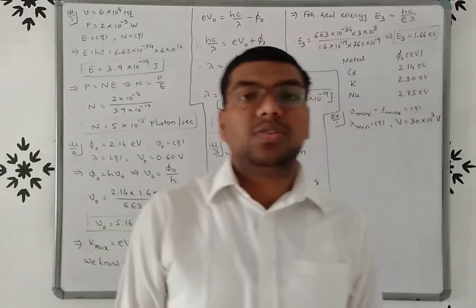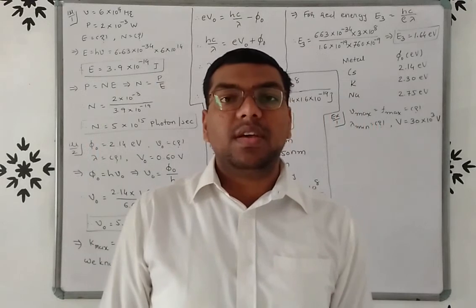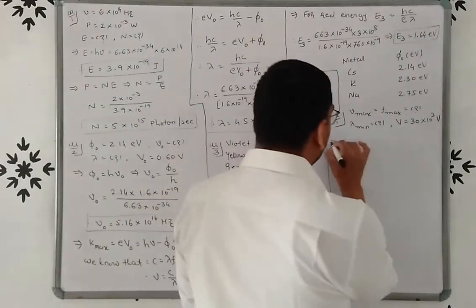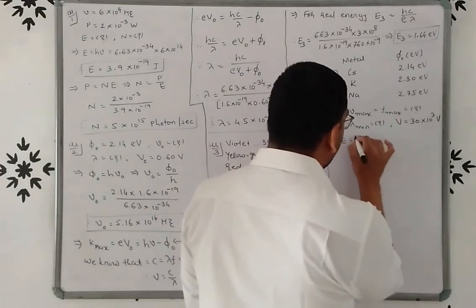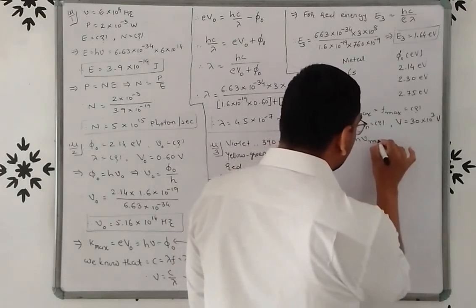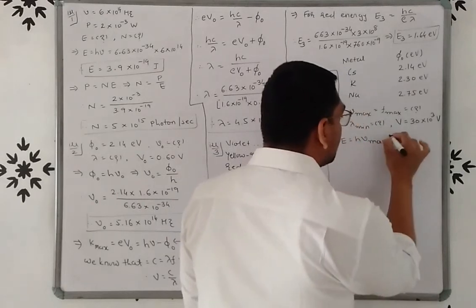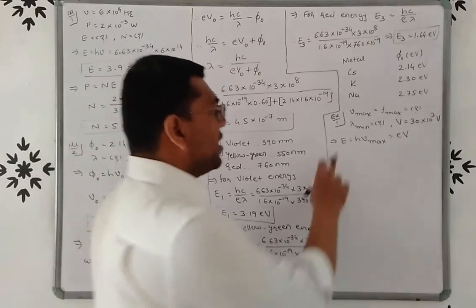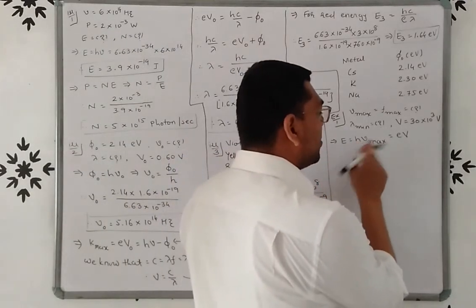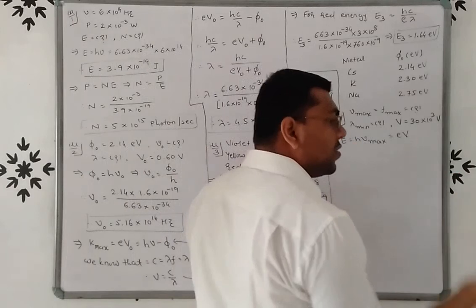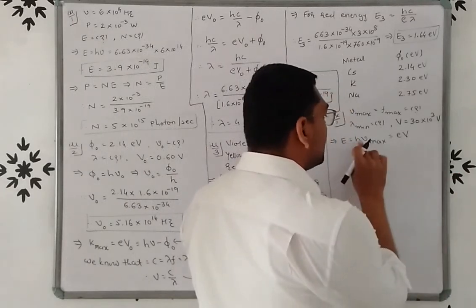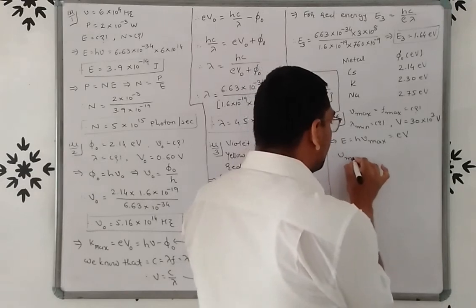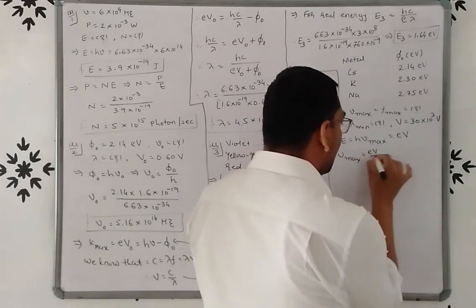Potential is given. So we know that energy E is equals to h nu, or you can say h nu maximum. But this energy is equals to eV, right? So h nu maximum is equals to eV. So nu maximum is equals to eV by h.